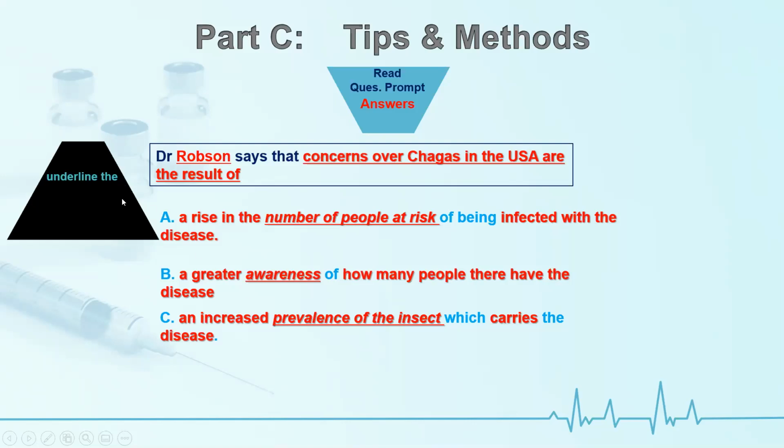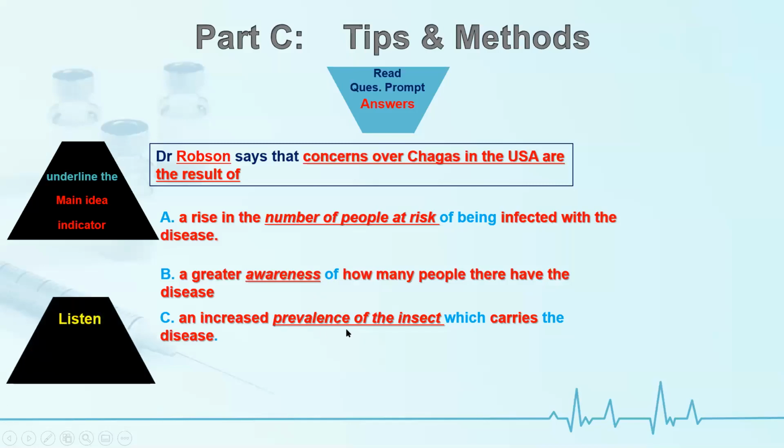So you have to underline the main idea in the question prompt and indicators or important information or keywords in the given answers, then this is the most challenging step. Here you have to listen, read, and listen. Firstly, remind yourself regarding the question prompt. Please don't read the question prompt while listening.